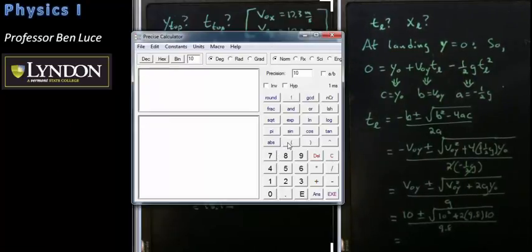So we have, doing this all at once, 10 plus the square root of 10 squared plus 2 times 9.8 times 10.